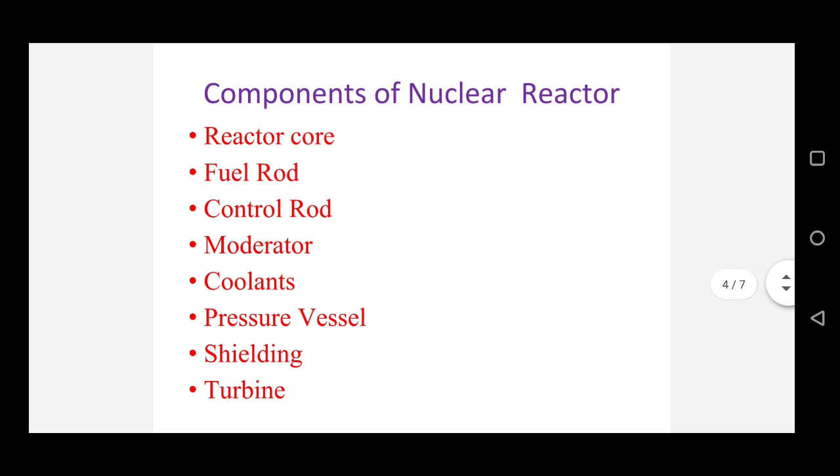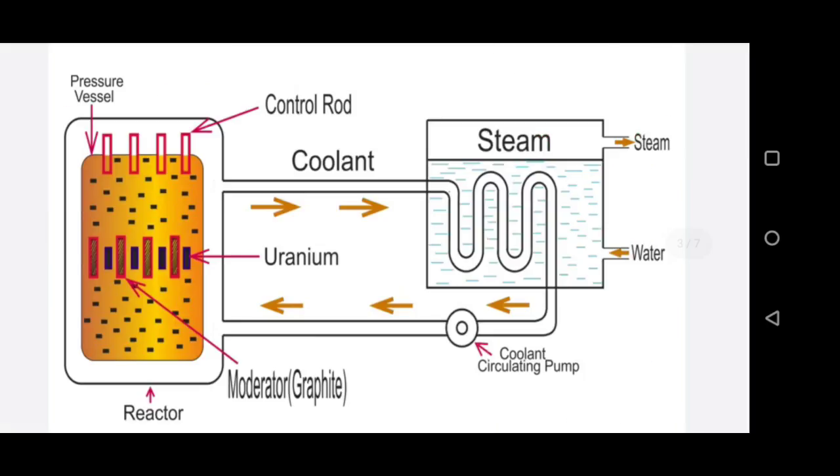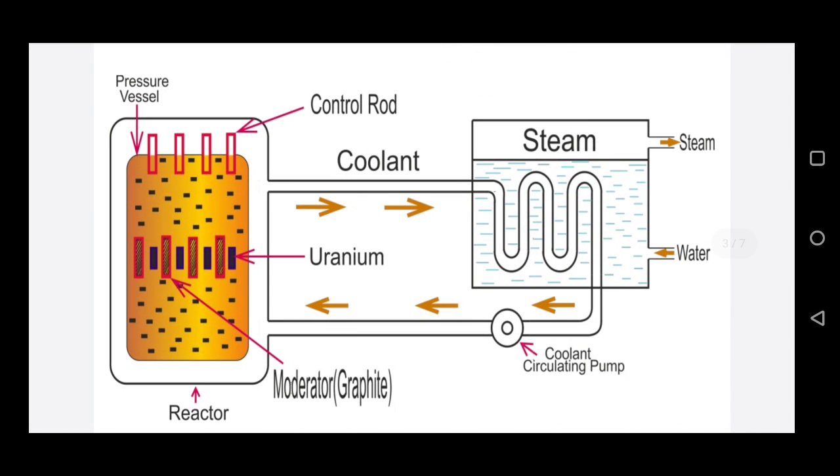Now we will see the reactor core. The reactor core is the main part of the nuclear reactor, because the nuclear reaction takes place here only.